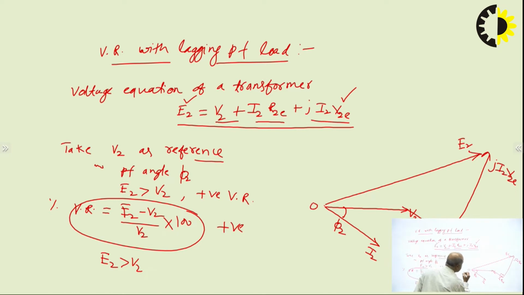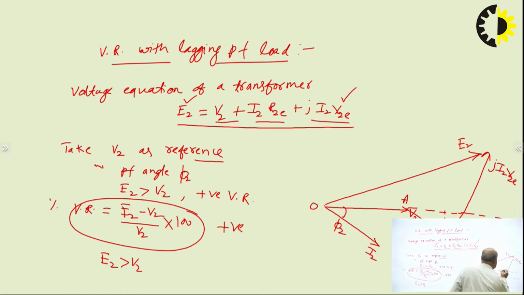Suppose this point is O, this point is A, and this point is B. We are extending this line, extending this parallel, and drawing a perpendicular from here, and we are naming these points now.